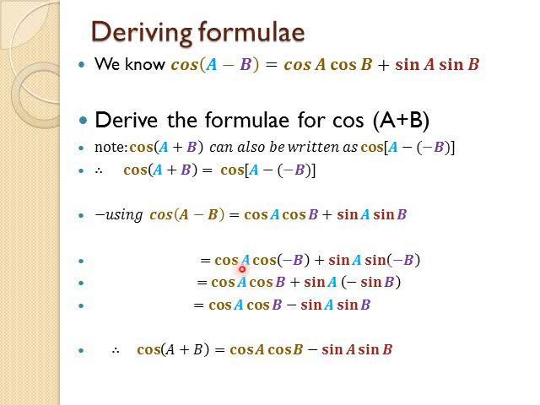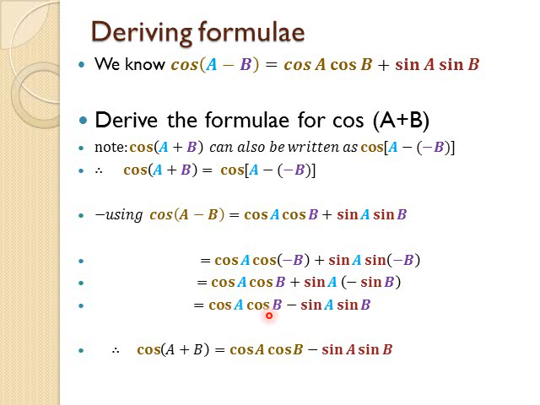So I have cos A, and negative B is in the fourth quadrant, for negative angles. So cos(-B) in the fourth quadrant is positive. Then there's sin A, and sin(-B) in the fourth quadrant is negative, so that becomes negative sin B. This positive times that negative becomes negative.